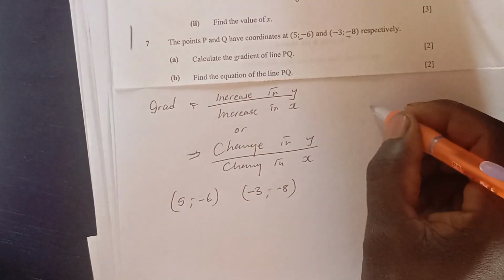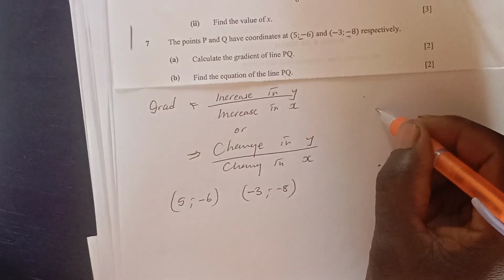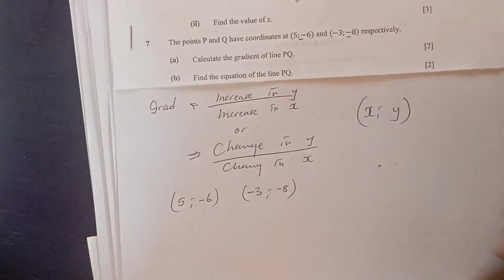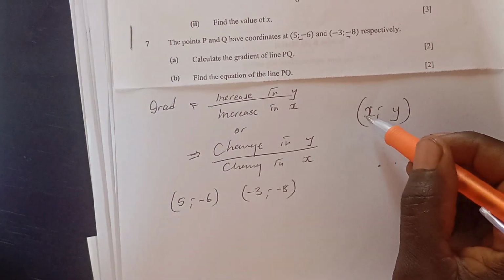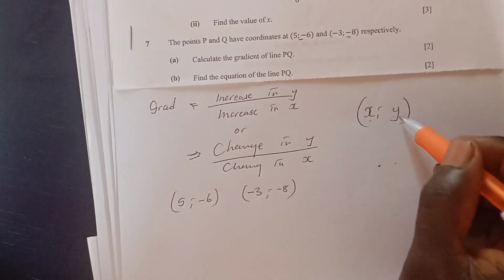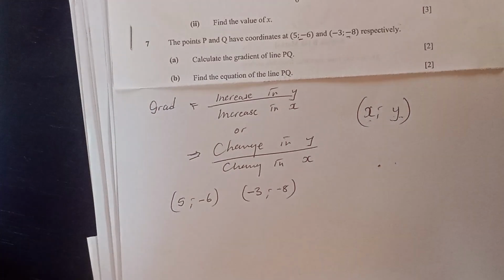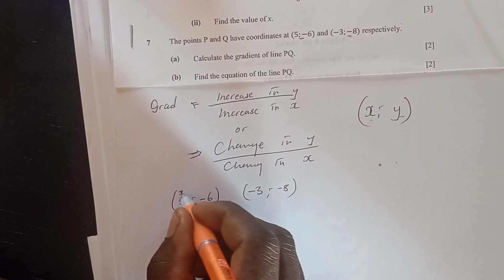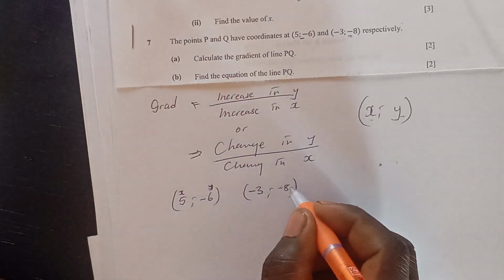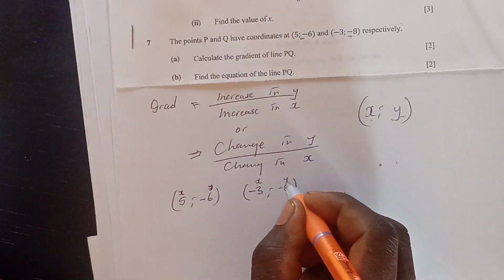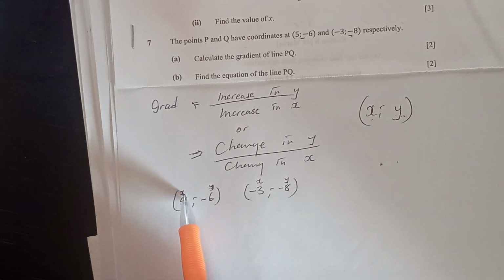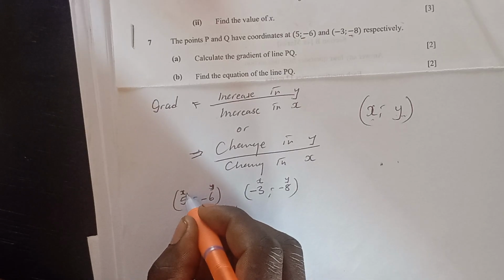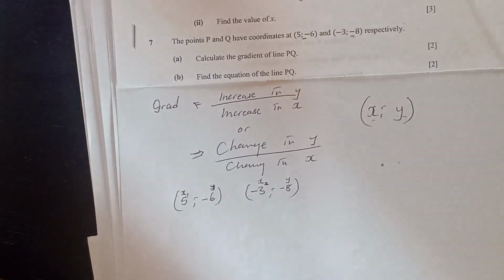Then you name these coordinates. We know that the coordinates of a point are given in the format x coordinate first and y coordinate second. So here, this one is the x coordinate and this one is the y coordinate. This one is the x coordinate and this one is the y coordinate. So we can name the first x the first coordinate and the second the second coordinate of x.